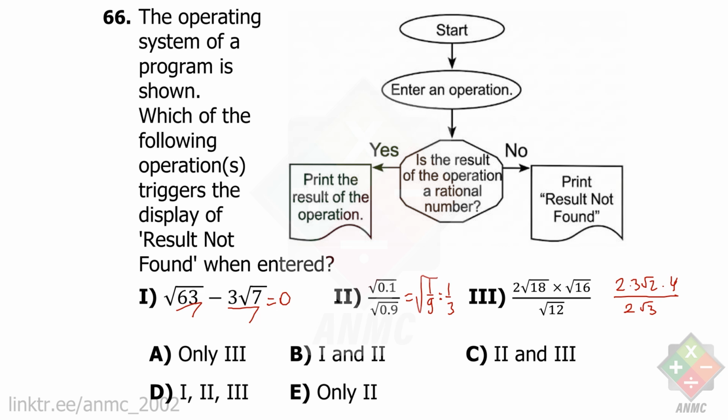Then let's follow. Start, enter an operation. Is the result of the operation a rational number? Yes. Then print out. First, second is like this, but what about the third one? No. Print result not found. So print result not found only for the third one. The answer is A.